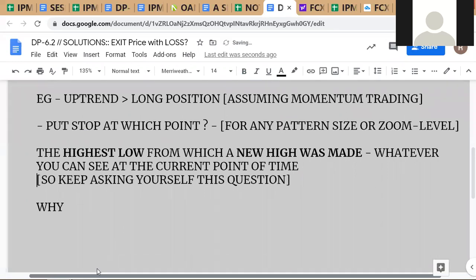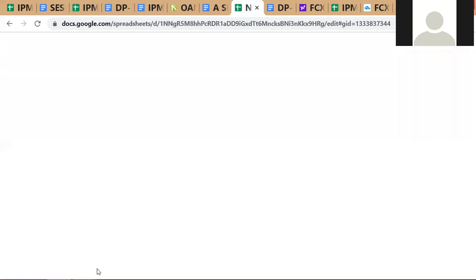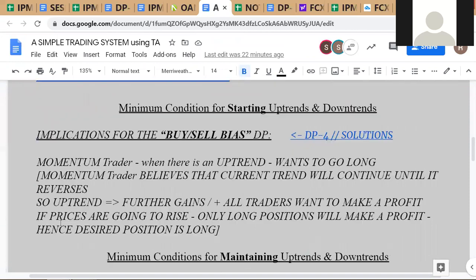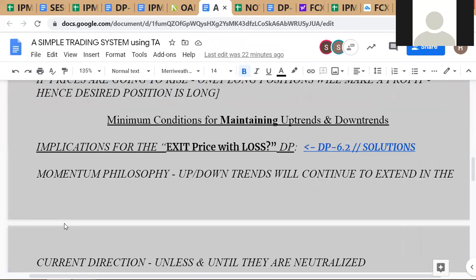Why this rule or principle? This is also connected to what we already discussed here: minimum condition for maintaining uptrend and downtrend.